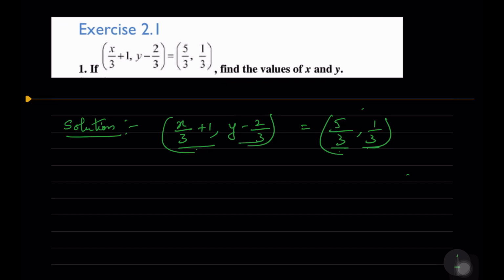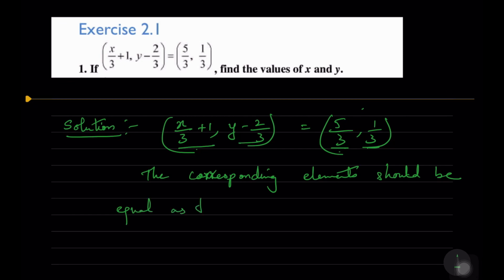So therefore the corresponding elements should be equal as the ordered pairs are equal.